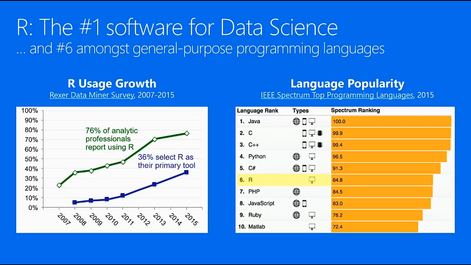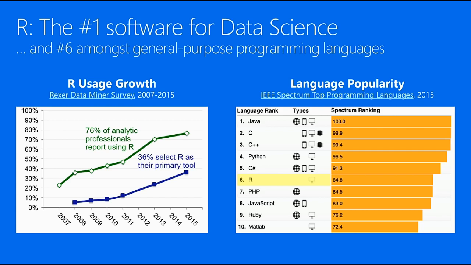So why did we integrate R in Power BI? So first, just some statistics. We have the Rexer data scientist survey, which shows that over 3/4 of the data scientists are using R in some way. And about 1/3 of them are using it as the primary tool. Now, that's not a big surprise, considering that R is built for data science and statistics.